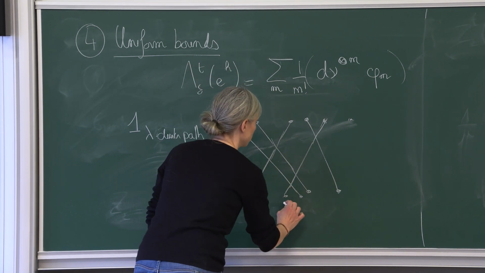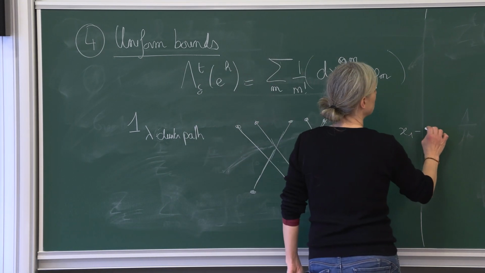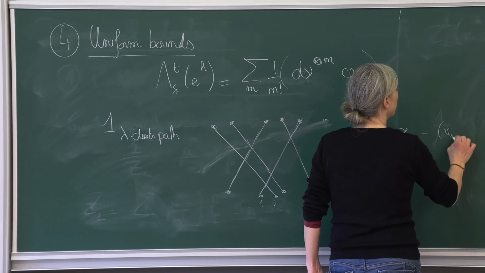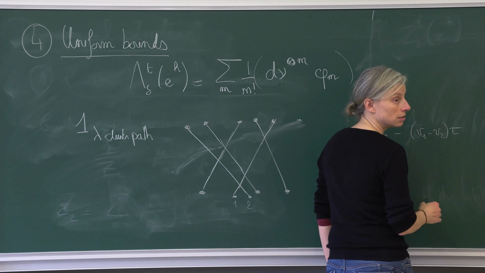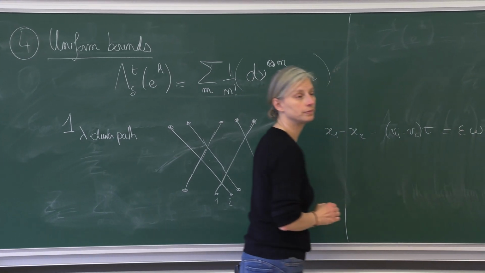Okay, so if these are particles 1 and 2, you see that at time 0, you have x1 minus x2 minus, say, v1 minus v2 times tau for some tau which is less than t. This has to be epsilon omega.